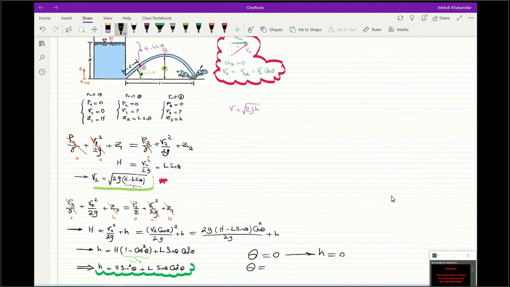If theta was 90 degrees, what happens? Sine is going to be 1, cosine is going to be 0, so the second term is going to be 0, the first term is going to be 1 times h, so h. So if theta was 90 degrees or vertical, the height of the water is supposed to be exactly the height of the liquid, which is again correct.